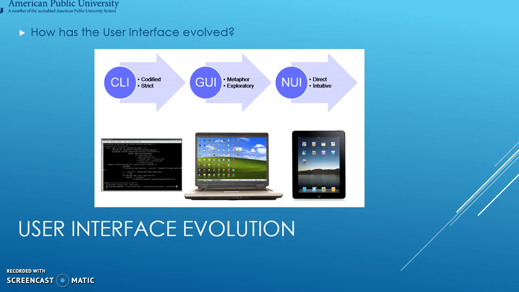User interfaces have evolved severely over time, and we as the end user have been involved and seen this evolution take place. For example, our first user interfaces were kind of strict and codified. We then morphed into a GUI user interface, which is a graphical user interface.